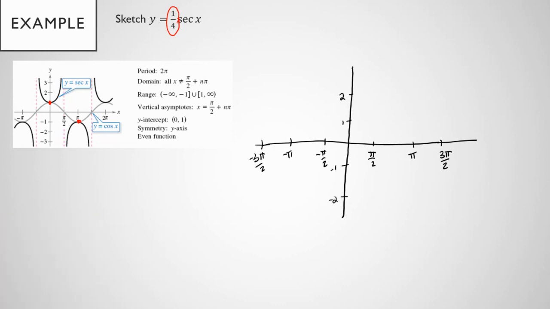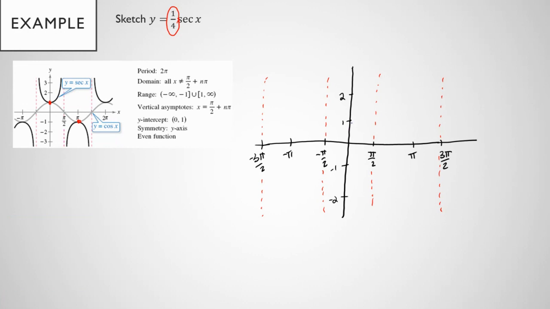I'm going to start by noting that none of the asymptotes are changing because we didn't do anything to x, so those are all going to be the same. The tricky thing with the period is that because of the asymptotes, you're inclined to say the period is pi, but it's 2 pi because it alternates where the U is going with each one. So that gets a little tricky.